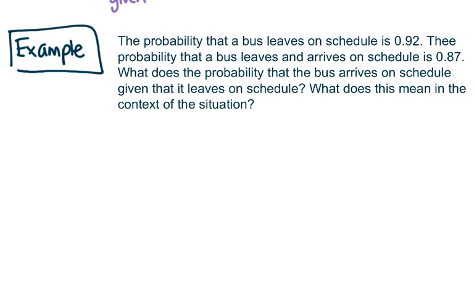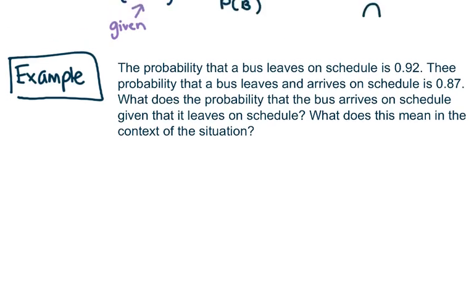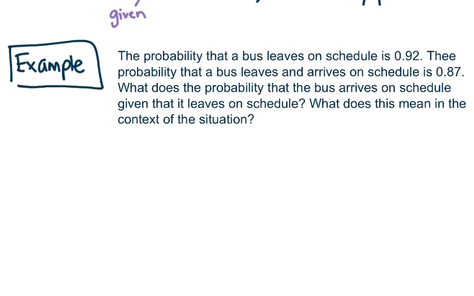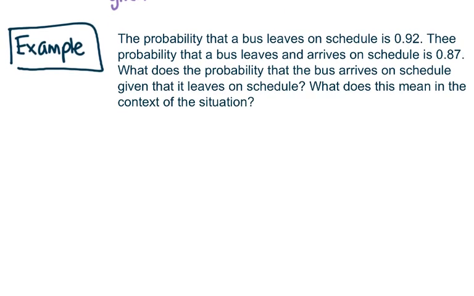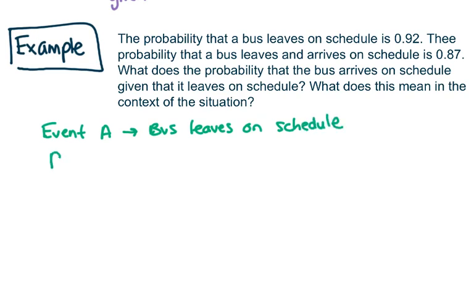So for our first example, it says the probability that a bus leaves on schedule is 0.92. So I'm just going to start to write this out. Event A is that the bus leaves on schedule, and so the probability of A is going to equal 0.92.